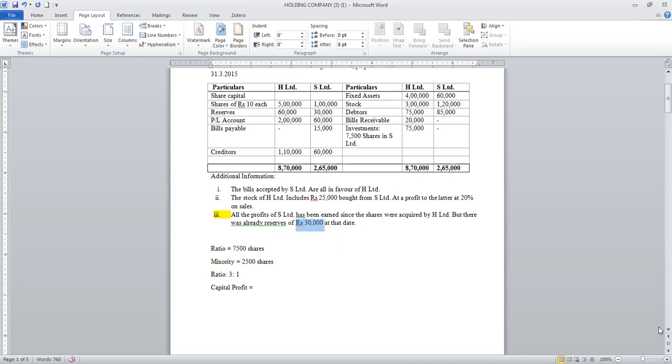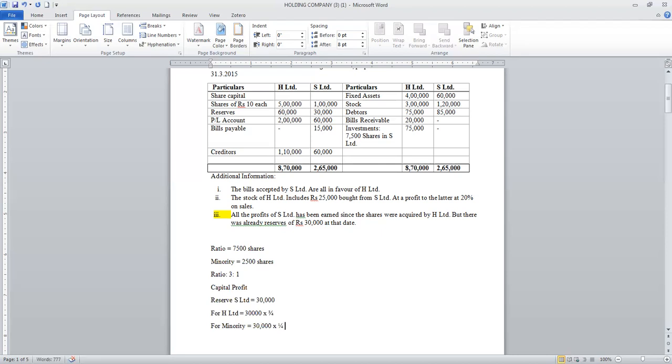Now, the capital profit of this company is 30,000, which is given in adjustment number 3. That is the reserve of S Limited, and the entire amount is considered capital profit. For H Limited, the share of capital profit is 30,000 into 3 by 4, and for the minority it is 30,000 into 1 by 4.